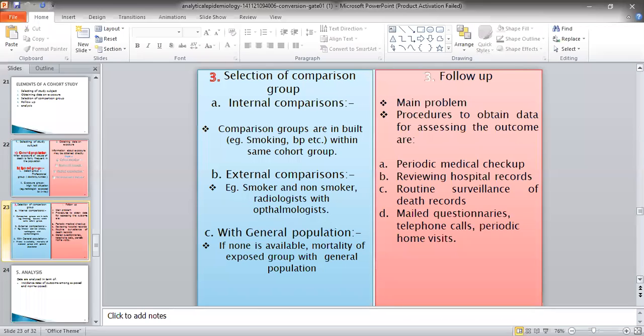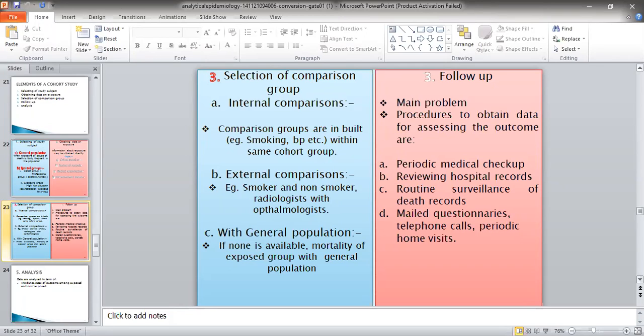Or if none is available, then we can assess the mortality of the exposed group against the general population. We can take the comparison group from the general population. So these are the three ways to select a comparison group: internally, externally, or from the general population.